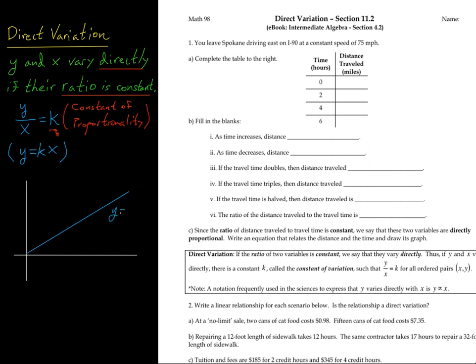So this would be the relationship y equals kx. The last thing I want to say before we look at more examples is that in this graph, just like with our distance and time, as x increases, y is increasing, and as x decreases, y is also decreasing.